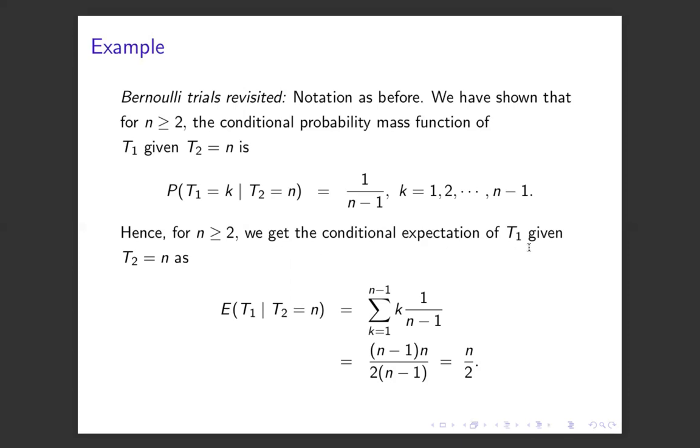So we get the conditional expectation of T1 given T2 equal to n. This conditional probability mass function is 1 over n minus 1, and T1 can vary from 1 to n minus 1. It is precisely this sum. This doesn't depend on k, so that comes out, and what you have left, that sum, if you evaluate it, the whole thing is half of n.